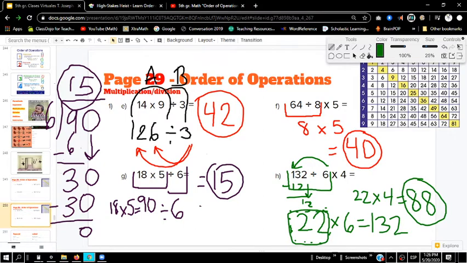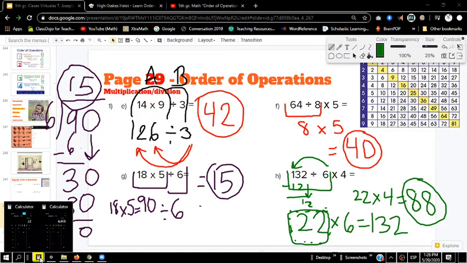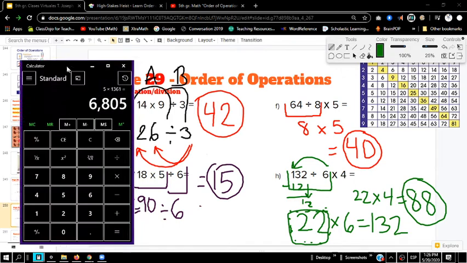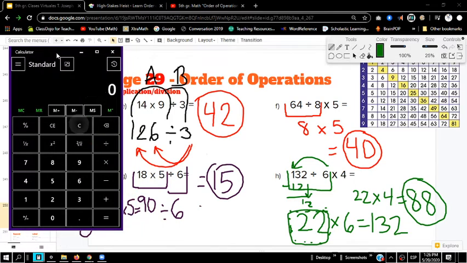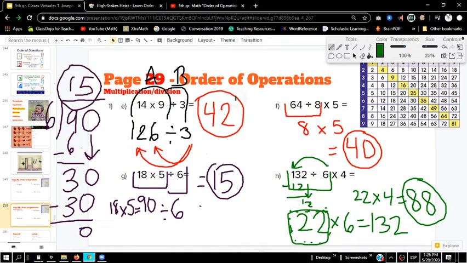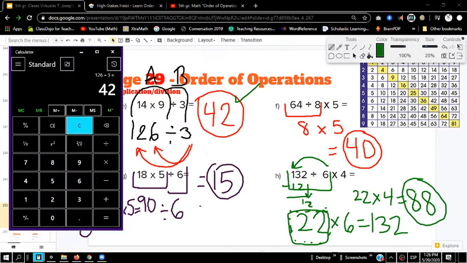Okay? If I wanted to check any of these on the calculator, I could. Let's actually check a few of them. Let's check the first one. 14 times 9 equals 126 divided by 3 equals 42. The first problem is correct. Let's try the second one. We have, clear the calculator, 64 divided by 8 times 5.